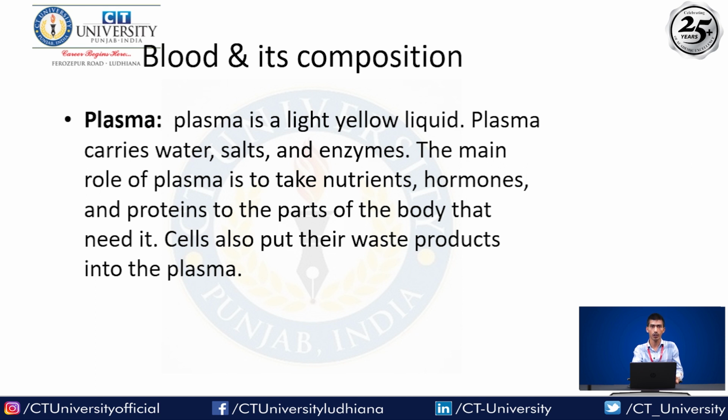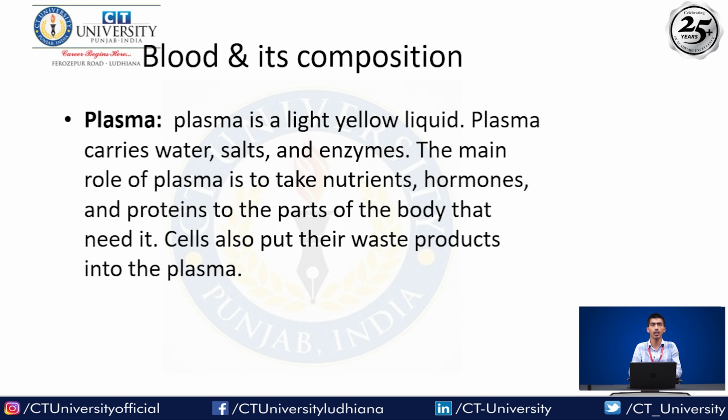The major role of plasma is that it contains three types of protein: albumin, globulin and fibrinogen. Albumin and globulin are blood proteins which help in the formation of antibodies, and fibrinogen is a protein which plays the major role in the mechanism of blood clotting.